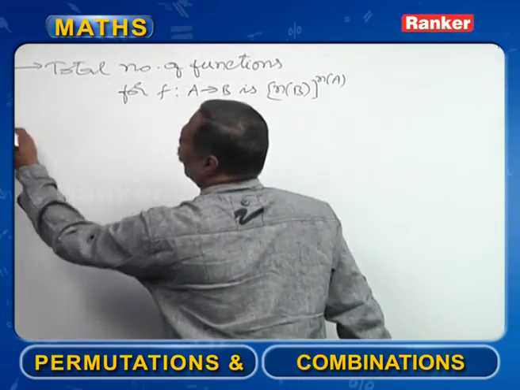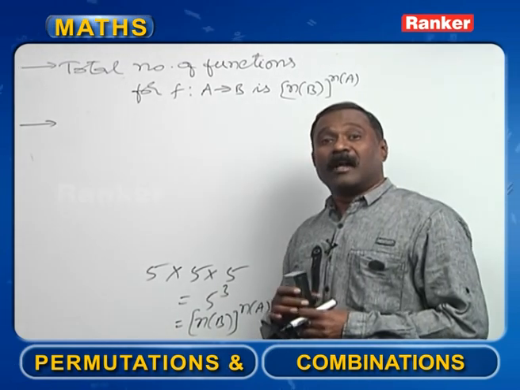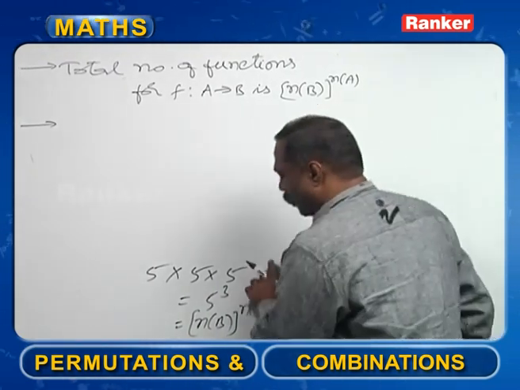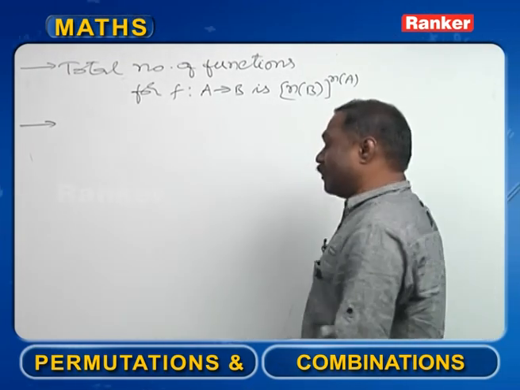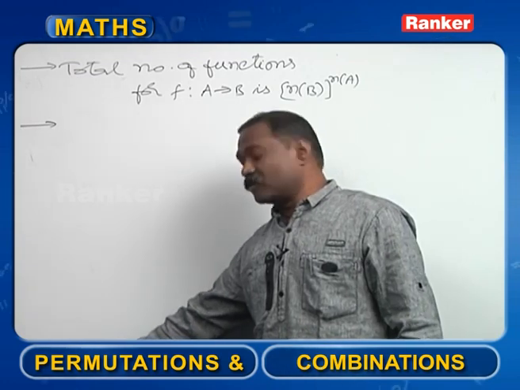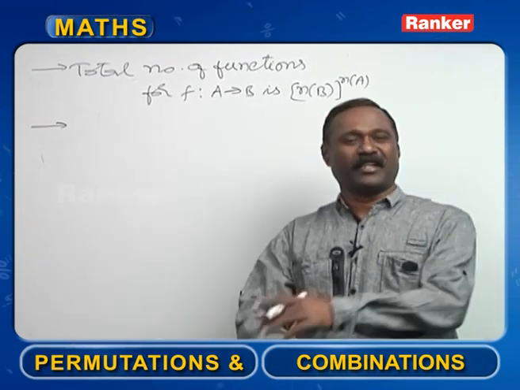That's good. Now, this is the total number of functions, and you know the 1-1 function. What is a 1-1 function? F mapping A to B is said to be a 1-1 function if to every element of set A, exactly one and only one element of set B is associated. Just now we have taken the example.